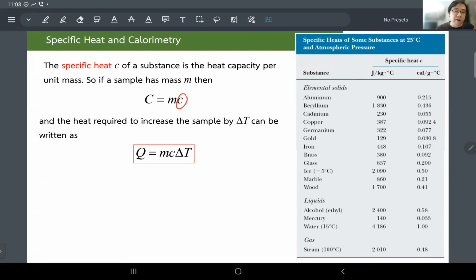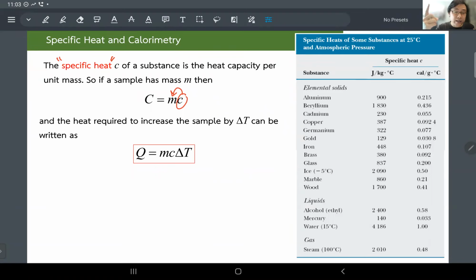Let's look at what type of material makes up that object. For example, is it metal, some liquid, or a gas? And then you multiply by the mass. So you are defining the heat capacity per kilogram of that object, and we're going to name that heat capacity per kilogram the specific heat.